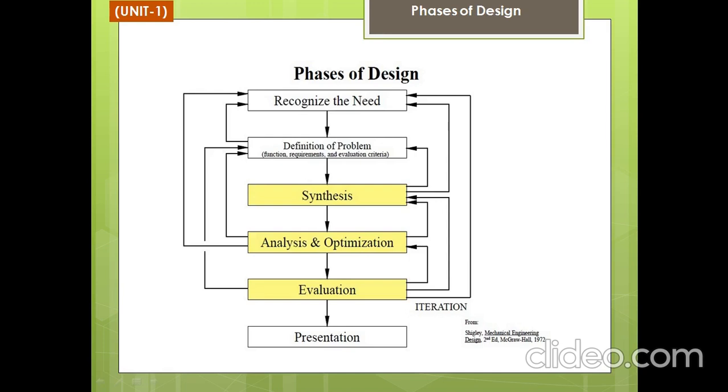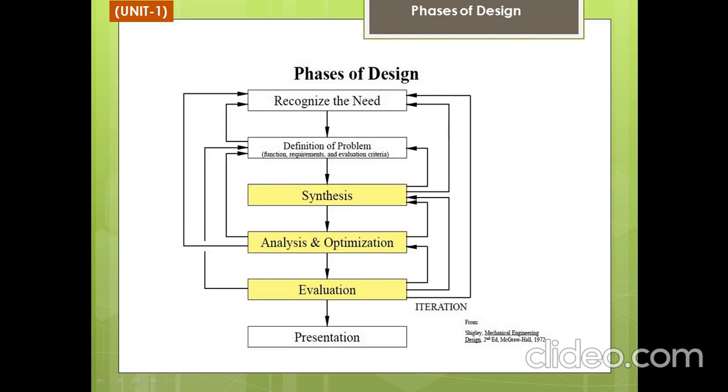This arrow represents that during the synthesization of the machine, you may require to go to see the need of the customer, and maybe you have to again modify the problem. Clear? After that, after the synthesis phase, the next phase is analysis and optimization.